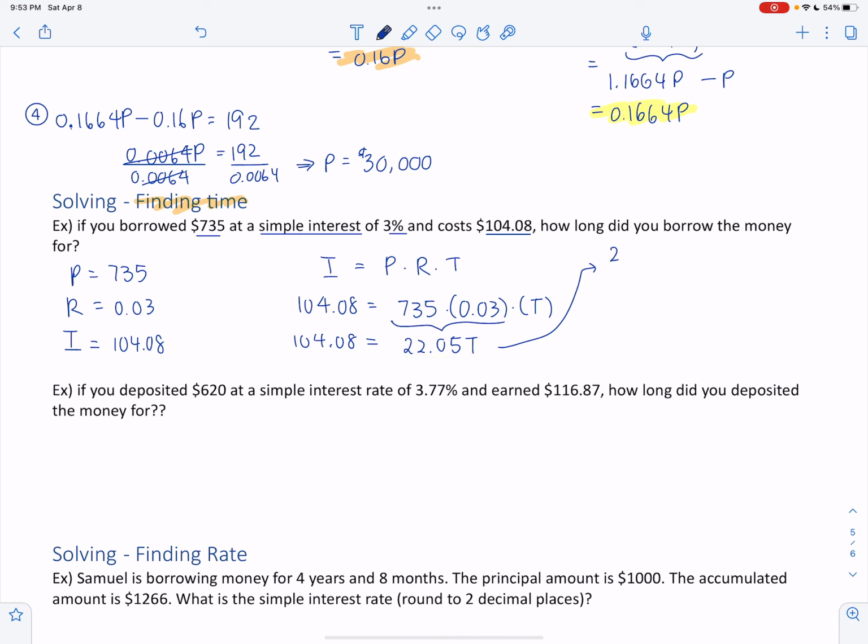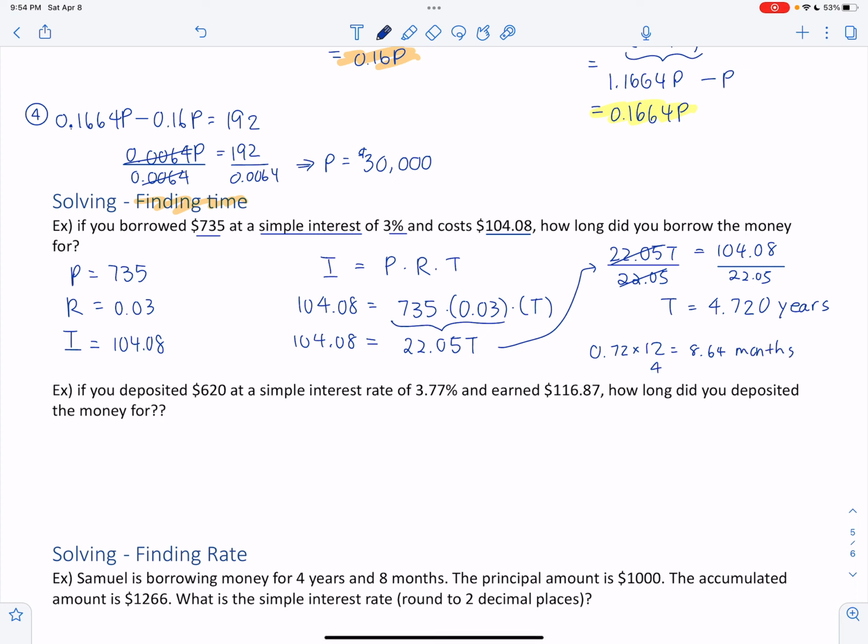So t is about 4.72 years. If your teacher's picky, you can convert the decimal 0.72 times 12. That's a little bit over 8 months, so 4 years and 8.6 months. But I don't think they will be that picky. So this would be your final answer for time.